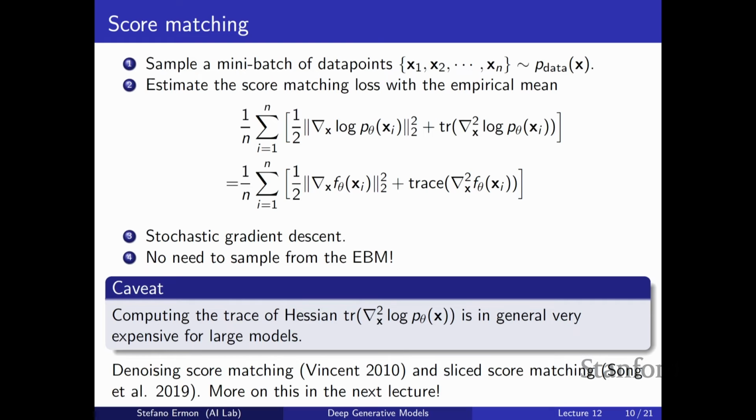And we don't know of an efficient way of doing it other than doing backprop basically n times, which is also expensive when n is large. But the good thing is this avoids sampling, and this is going to be the key building block for training diffusion models. But more of this in the next lecture.